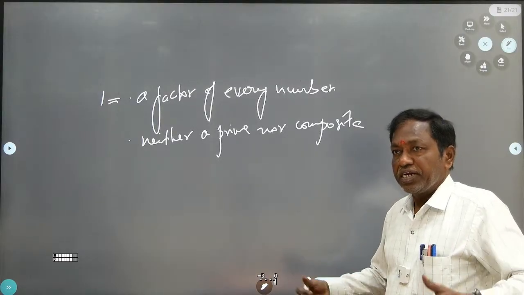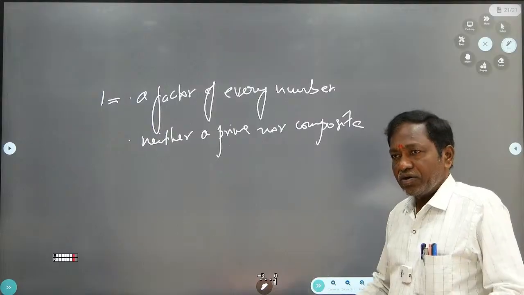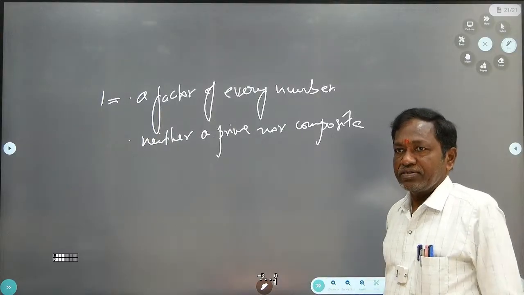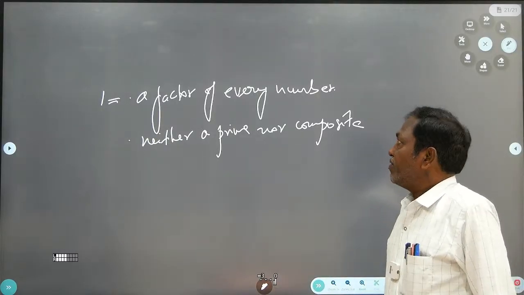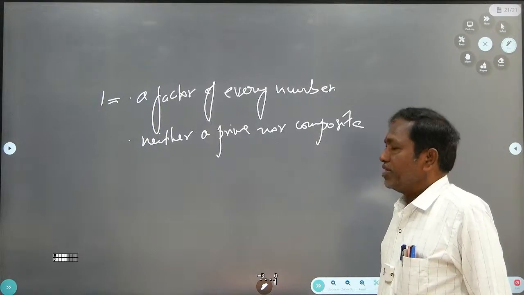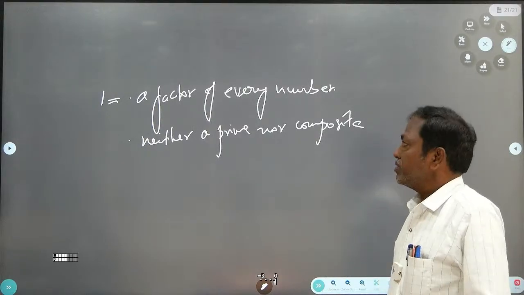We have to think, create and tell, because we already did a good number of classes. A factor of every number, neither a prime nor composite.